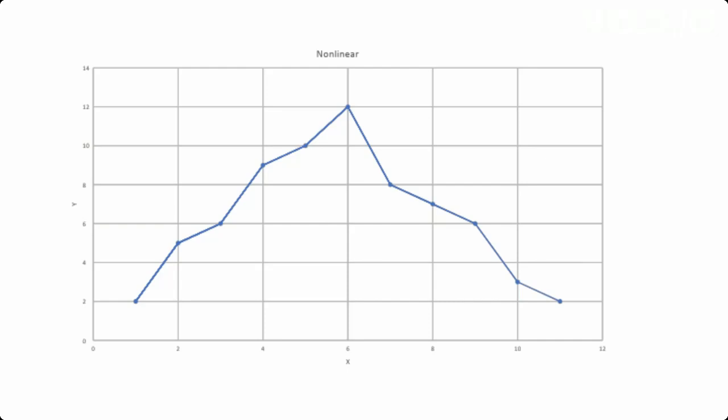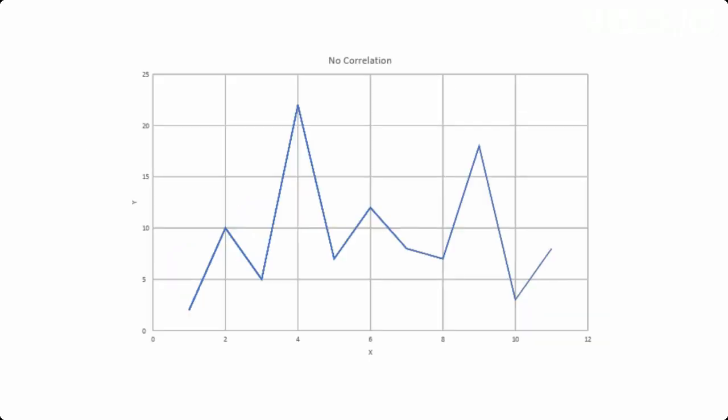There is also nonlinear correlation. There is a relationship, but it doesn't follow a straight-line trend. There is also no correlation at all, where there is no relationship between two variables. Maybe studying and increase in height. There is no correlation.